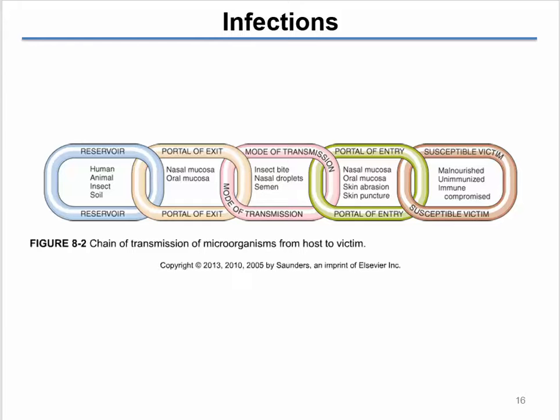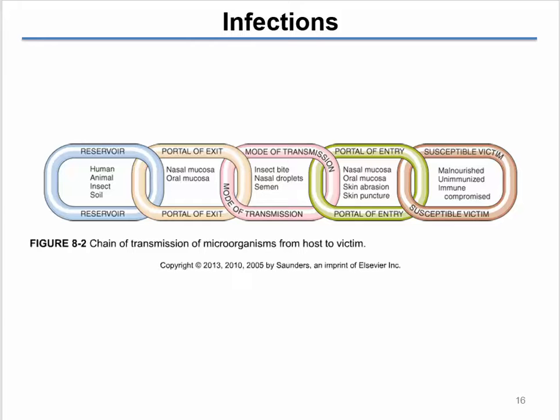And then the victim has to be susceptible to the microorganism. So they have to be either immunocompromised, or it might be a novel pathogen so they're unimmunized, they have no memory, they've never encountered it before. They might be malnourished. It might be all of the above.